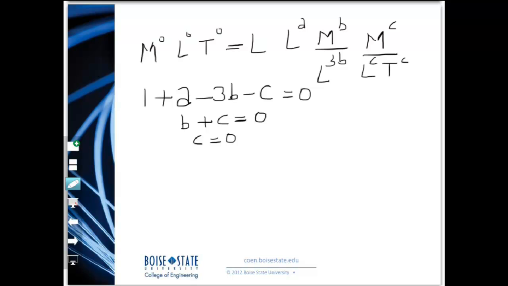You have 3 equations, so you can quickly do that. In this case, C is 0, that means B is 0, and then if you substitute these in this equation, you'll get the answer for A. Okay, and in this case pi 1 would be delta over L.